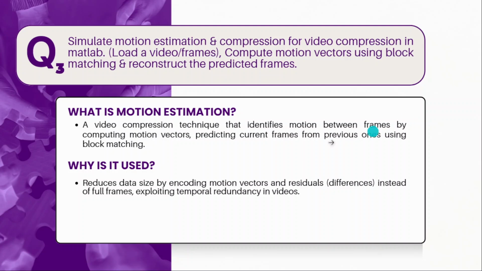What it is used for is to reduce the data size by encoding motion vectors and residuals, basically the differences. Instead of applying the algorithm on full frames, it only applies wherever there is motion, exploiting temporal redundancy in the videos. That's the most important thing.